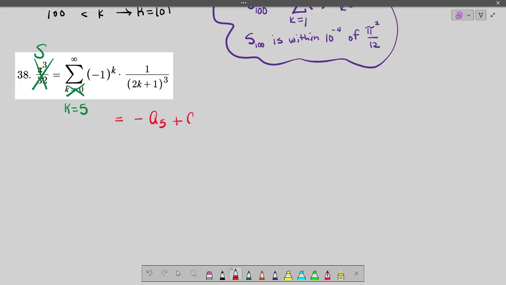So this is what the generic summation is going to look like, and we'll get to where we need to be in a second. That's just how it's starting, though. We're starting our counting at 5, not 0, not 1. Let's take our a sub k. So here is a sub k. We want that to be less than 1 over 10 to the 4th.